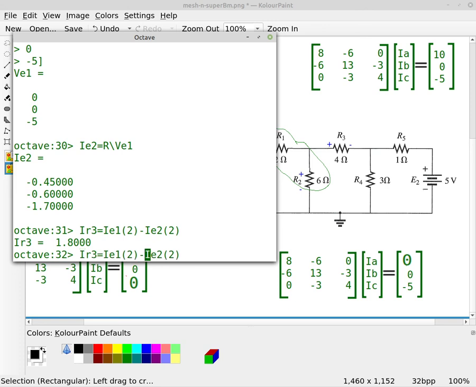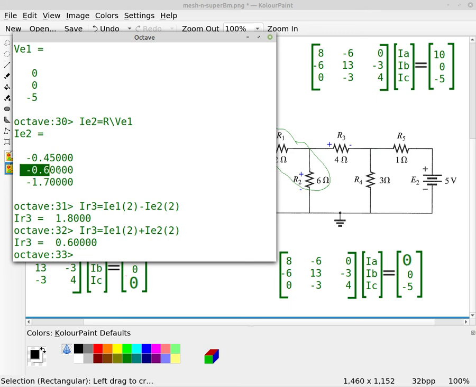Actually you add them, superposition, you add them, right? Because this one is negative, you are adding, but it's negative because it's going in the opposite direction. I was thinking subtract, but you need to add, and therefore your overall current is 0.6.